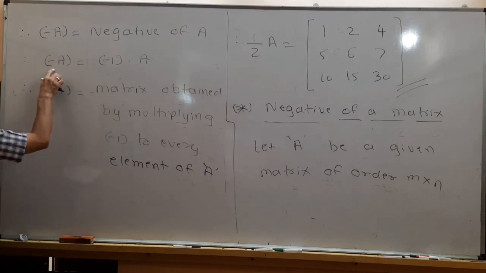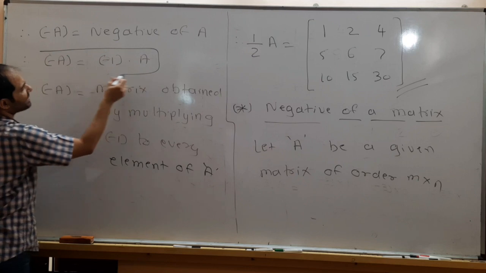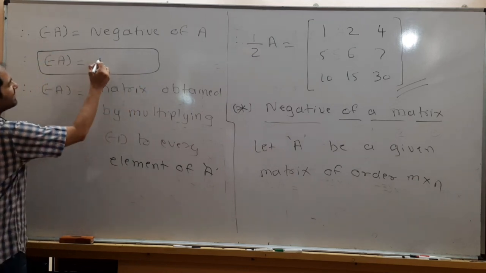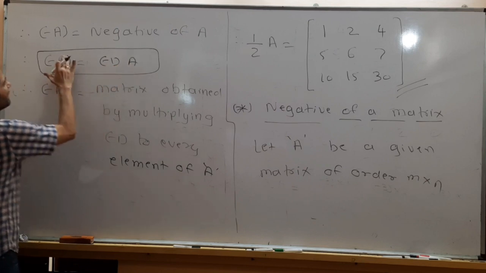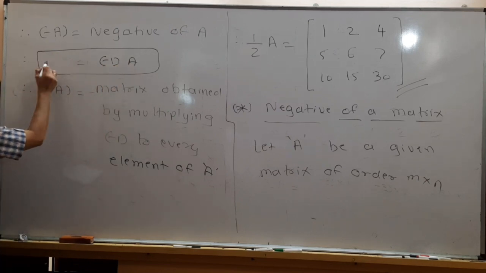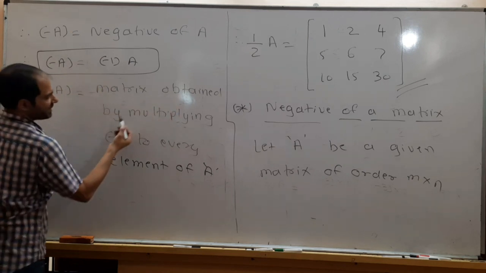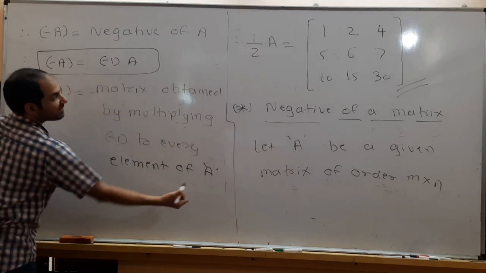Minus A is minus 1 into A. And how is it obtained? Matrix obtained by multiplying minus 1 to every element of A.